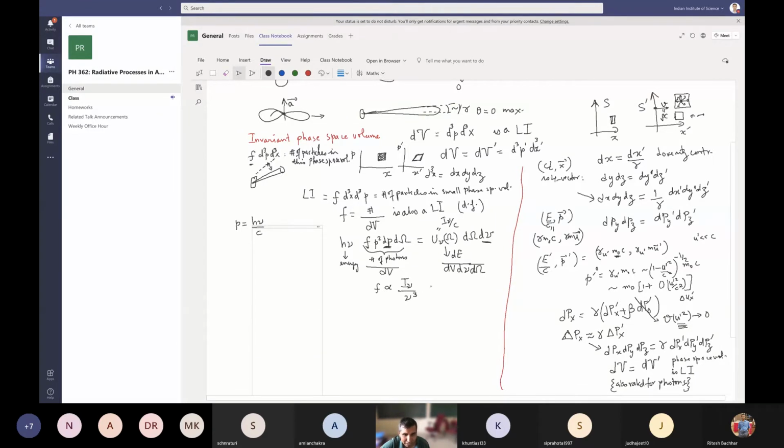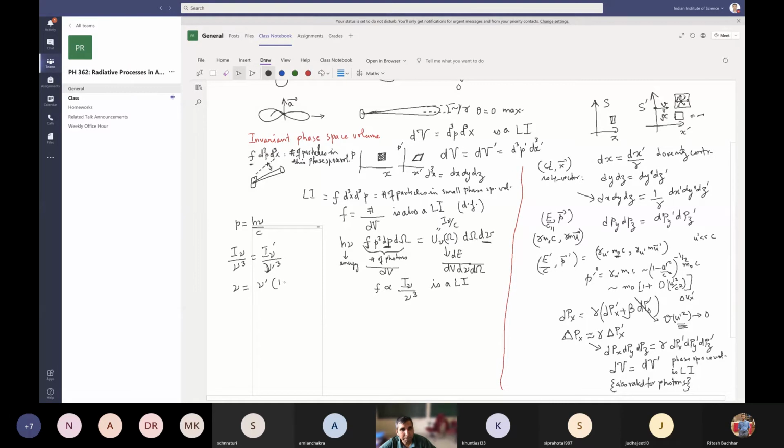So basically, this is a Lorentz invariant. Because I argued that F is a Lorentz invariant, that means that I nu by nu cube is equal to I nu prime by nu prime cube. So this quantity I nu divided by nu cube in whatever frame you measure should be the same because it's a Lorentz invariant.